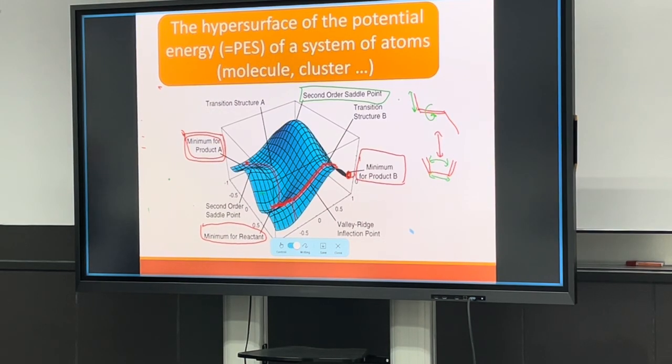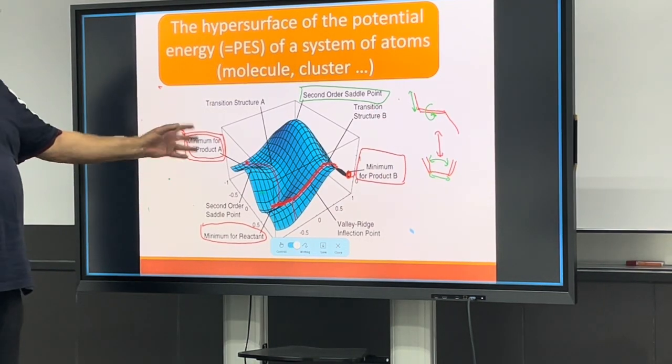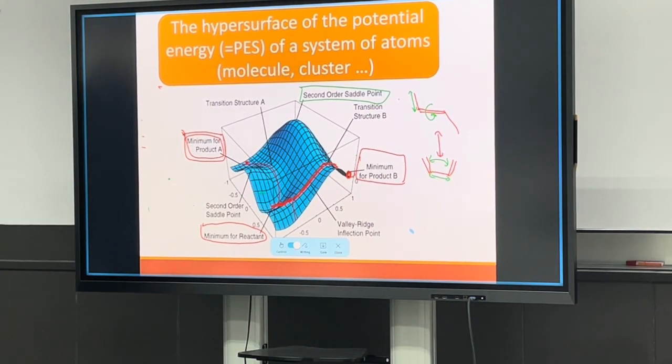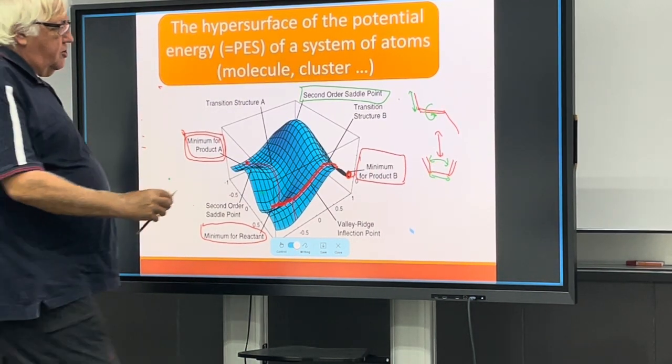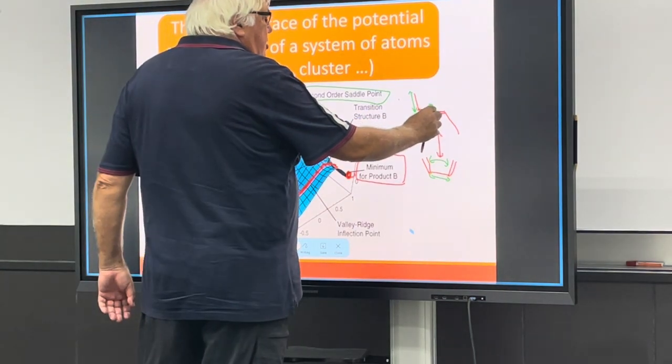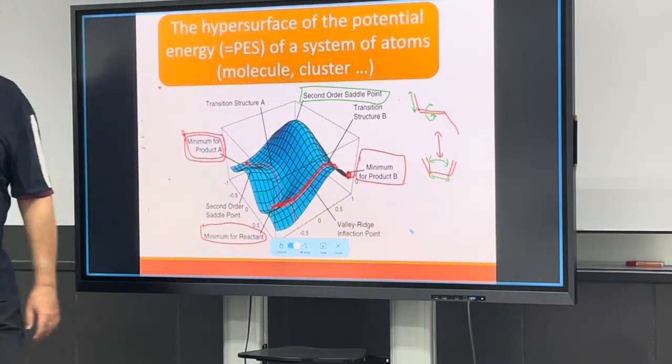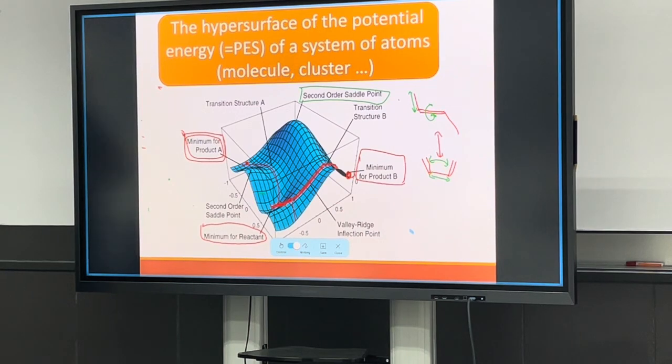And that is normally not done. One restricts, one thinks, what is my reaction coordinate? Well, my reaction coordinate is this rotation coordinate. And then maybe I say, okay, that's one dimension. What's the next important one?